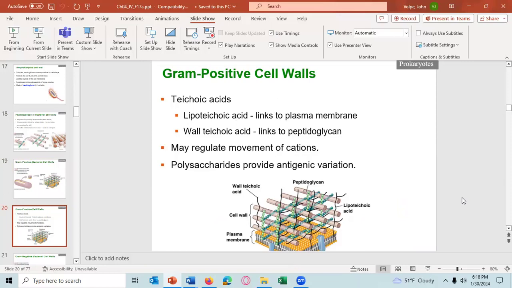Like, what's this type of, I'll try and look that up and give it to you next time. There's a type of antigenic variation.